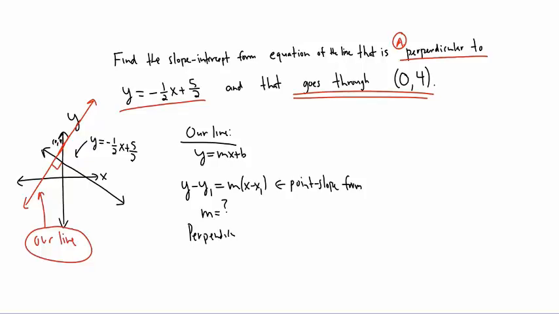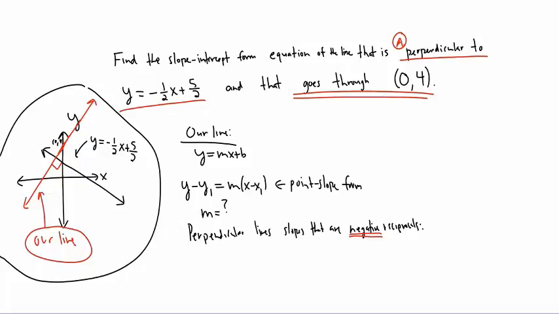Perpendicular lines have slopes that are negative reciprocals. It's a common misconception to think that the slopes are just reciprocals. We must include the negative here because if you take a look at this picture over here, this is the generic picture of two perpendicular lines.